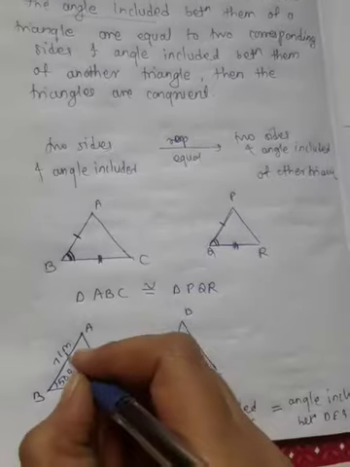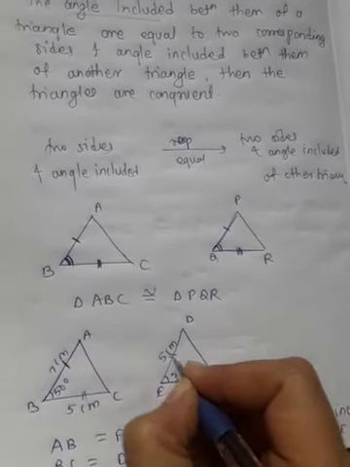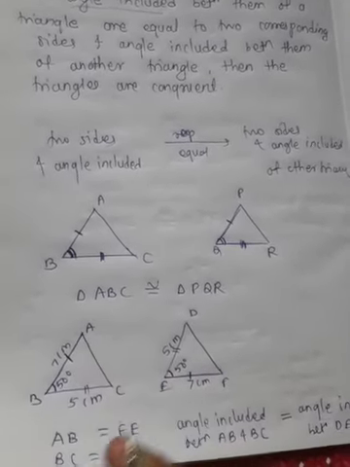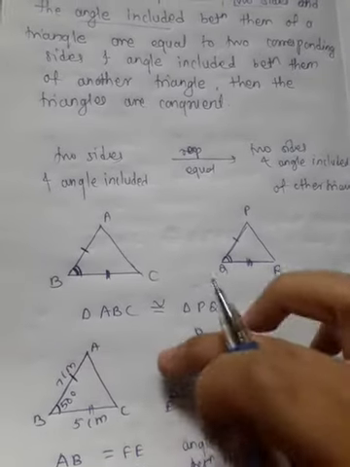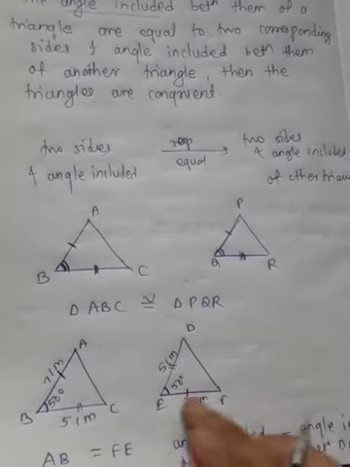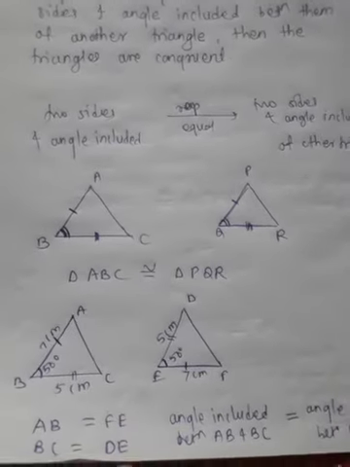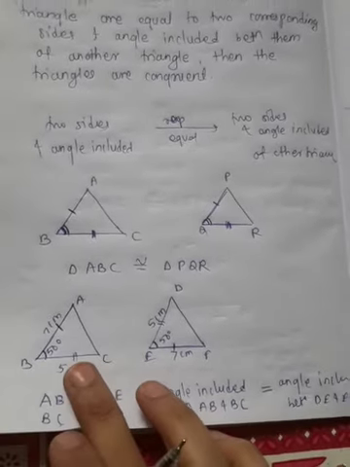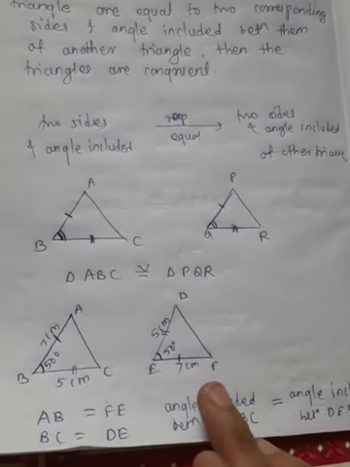See here, AB is equal to FE, BC is equal to DE, and the angle included between them are also equal. So here if two sides and the angle included between them are equal, then by the SAS test we can say these two triangles are congruent. So here triangle ABC is congruent to triangle DEF by the SAS test.